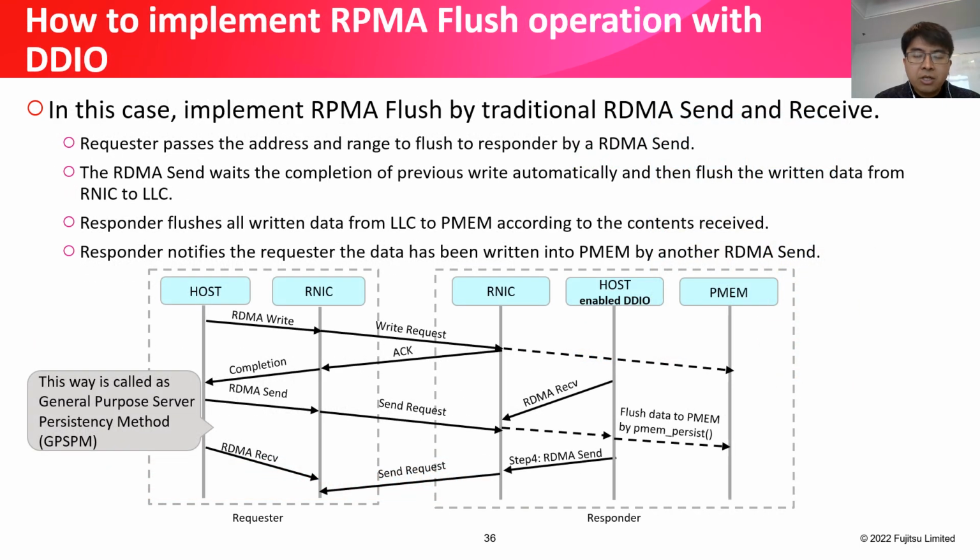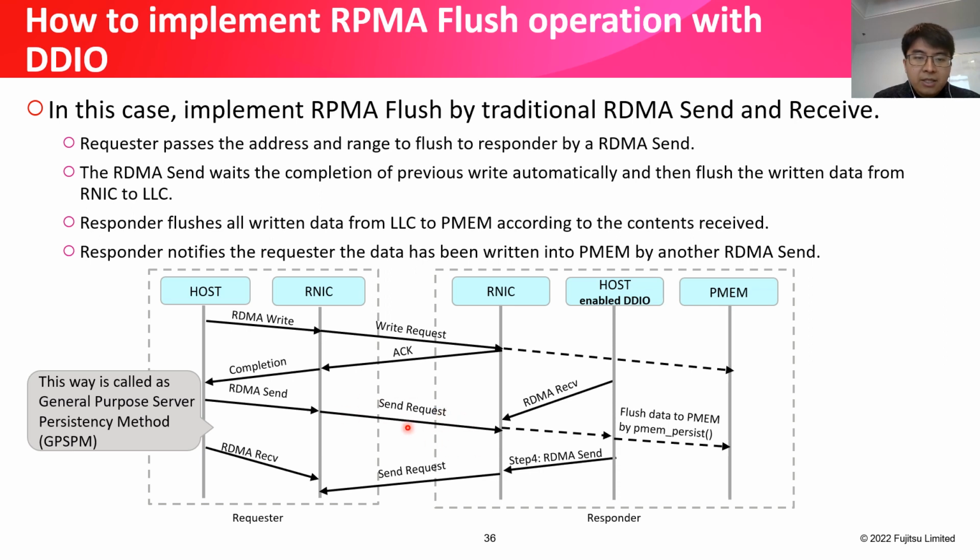How to implement RPMA flush operation with DDIO? In this case, librpma implemented RPMA flush by traditional RDMA send and RDMA receive. Look at this figure. Requester passes the address and length to flush to responder by a RDMA send.